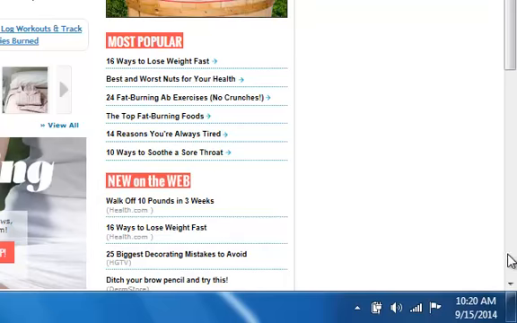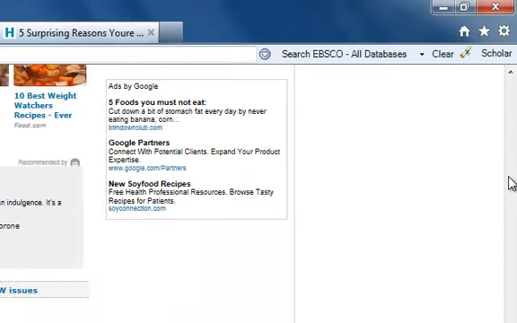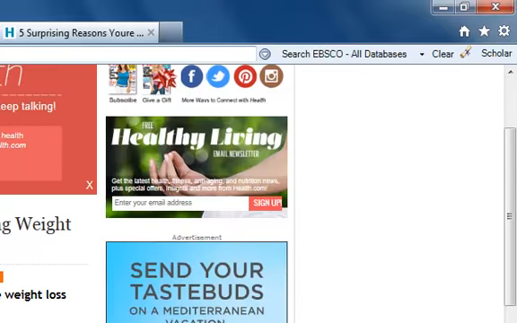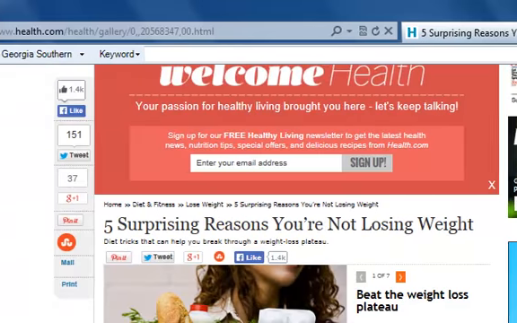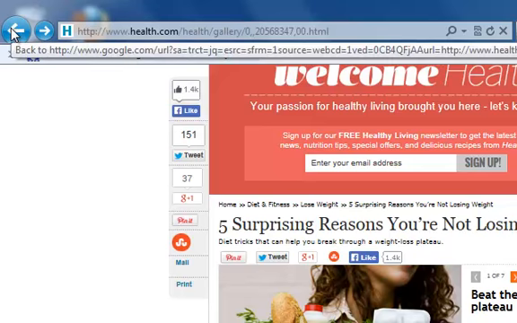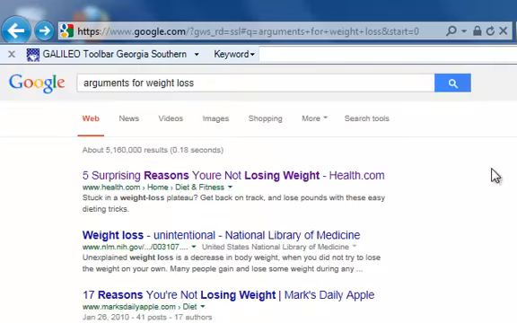Pretty much telling you why people aren't losing weight, but it's not very long. It's only a paragraph. That's not helpful. Interesting, but not helpful. Let's see. Go back. Back. There we go.